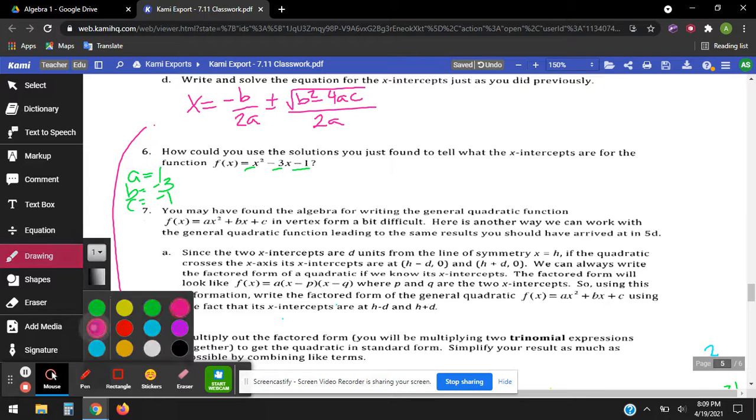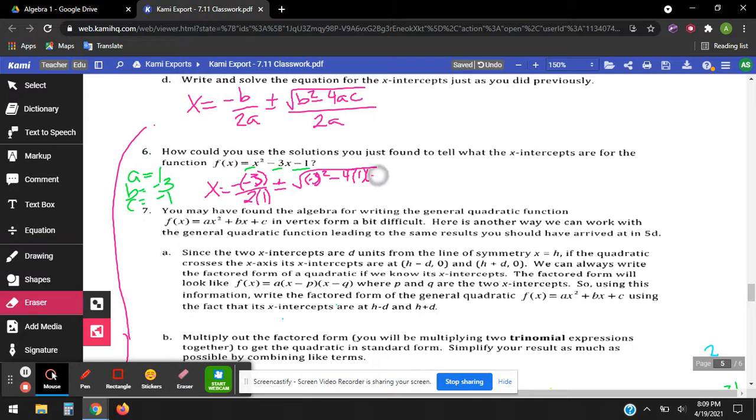Now let's fill in. So x equals negative b. That's a negative, negative 3 over 2 times 1, which is a, plus or minus. I'm just going to write everything in here this time. B squared, negative 3 squared minus 4 times a, which is 1, times c, which is negative 1. B is negative 3 over 2 times a, which is 1.